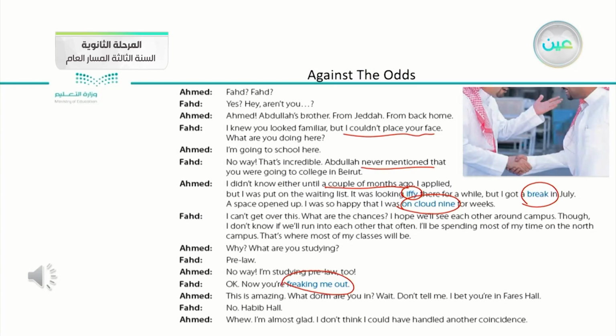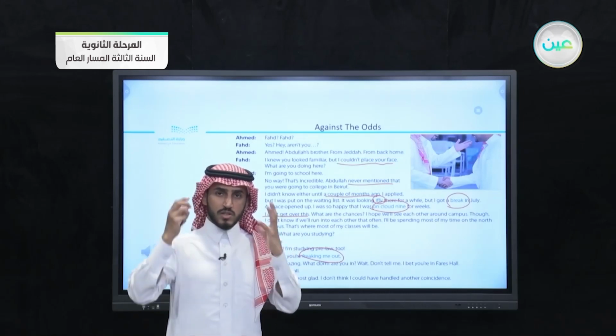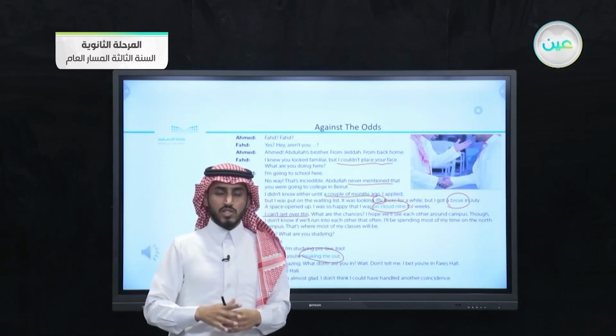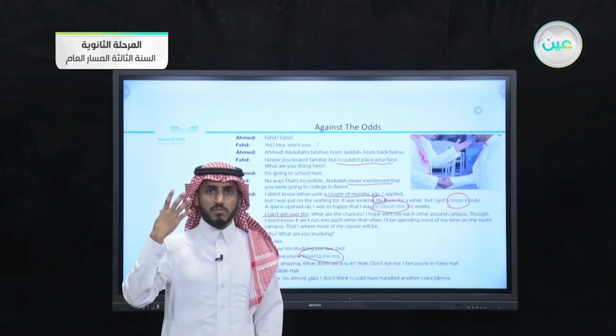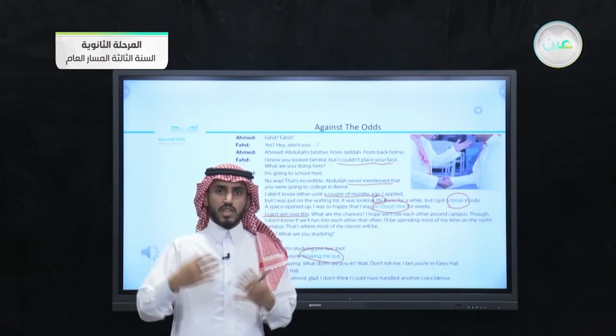After that, we have the phrase "I can't get over this." When you can't get over something, that means you can't take it out of your mind. You can't forget about it. It's always in your mind. It is something that you are thinking about.